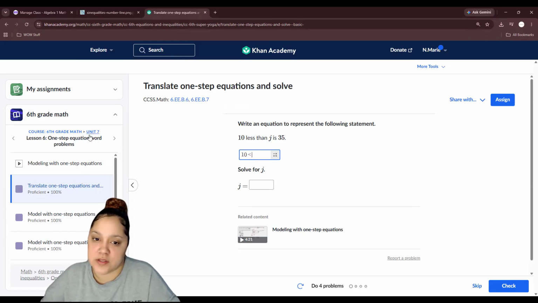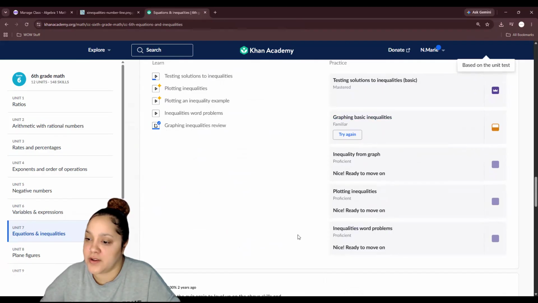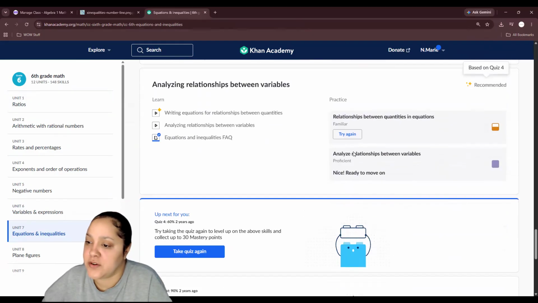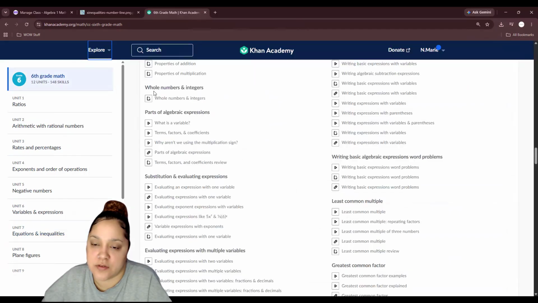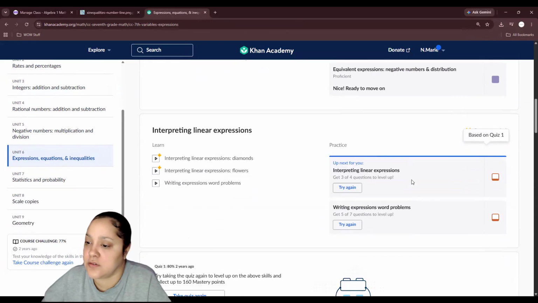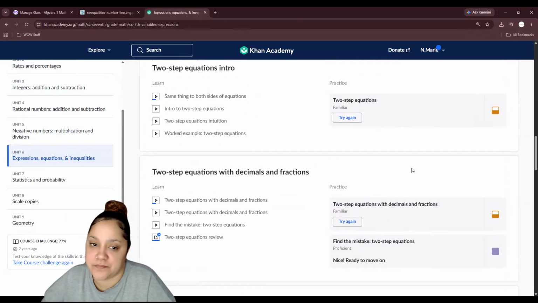Wait, I think this is the wrong portion, sorry. Oh, here they are, okay. Here, these are just graphing on the number line. I guess they don't have any one-step. You can go to the 7th grade section, inequalities unit, and you can get to your two-step ones here. And then, like I said, 8th grade would be multi-step.